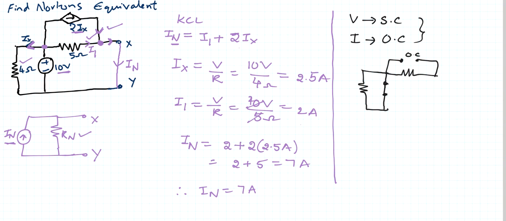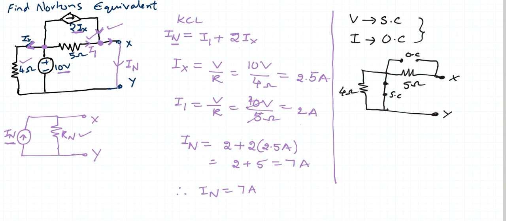This will be open circuited and this will be short circuited. Again, this has to be open circuited, because here it is the XY terminals. Now if you see, this is 4 ohms and this is 5 ohms.